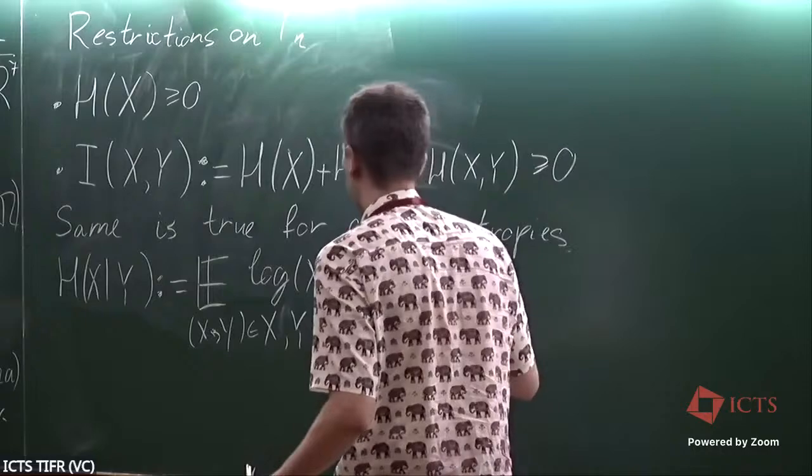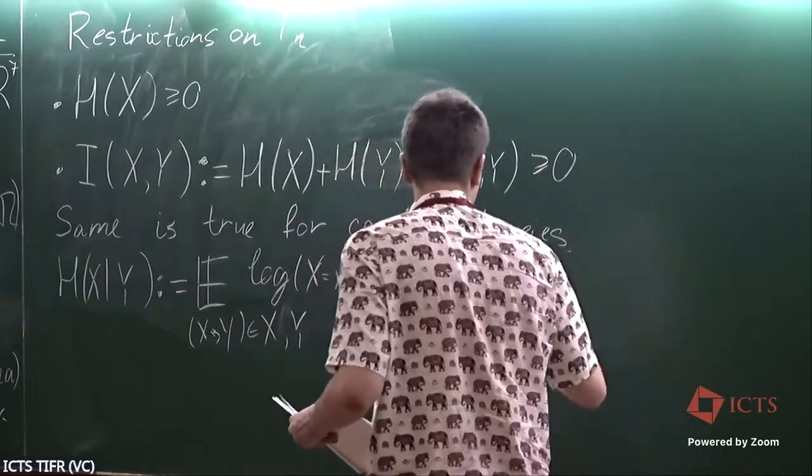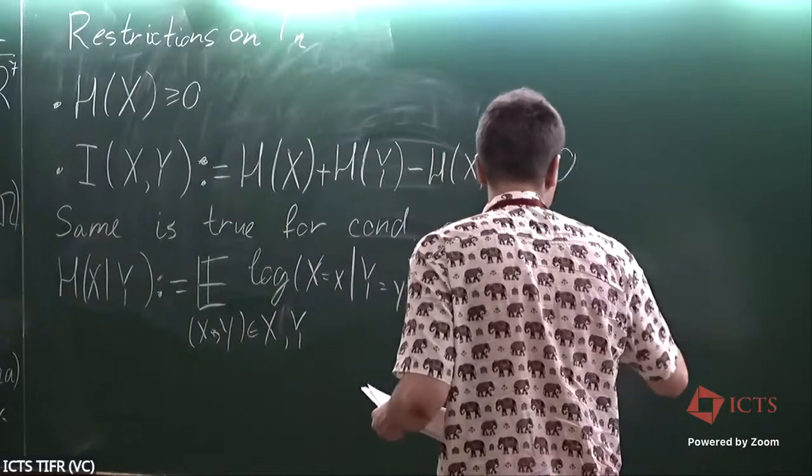And apparently this is the same as the joint entropy minus the entropy of Y.